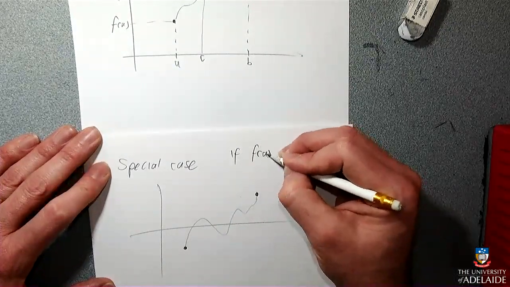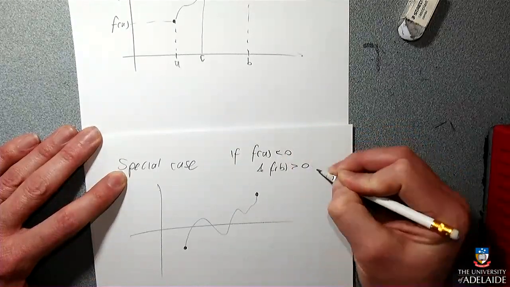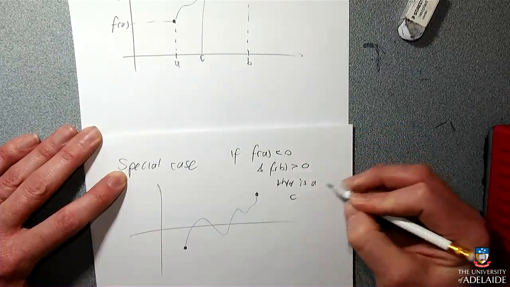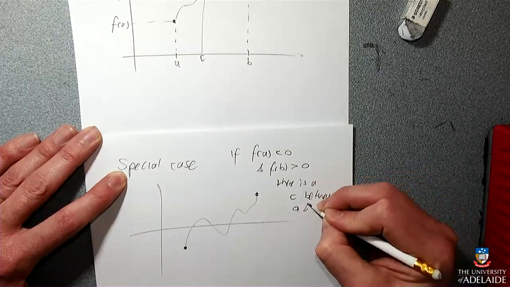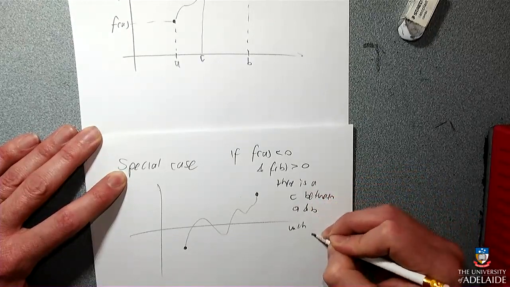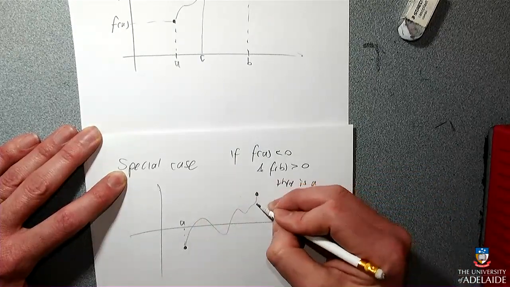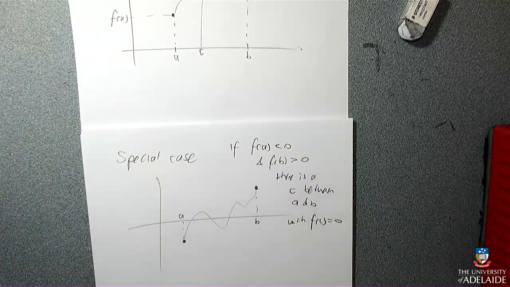If f of a is less than 0 and f of b is more than 0, there is a c between a and b with f of c equals 0. This is the classic one, to make things equal to 0. But no one really cares, you can make it equal to whatever you want. It just happens most often that you want it to be equal to 0.